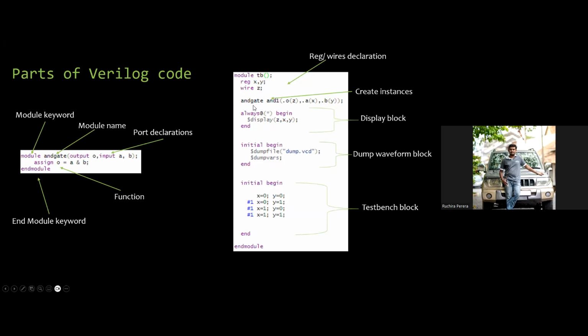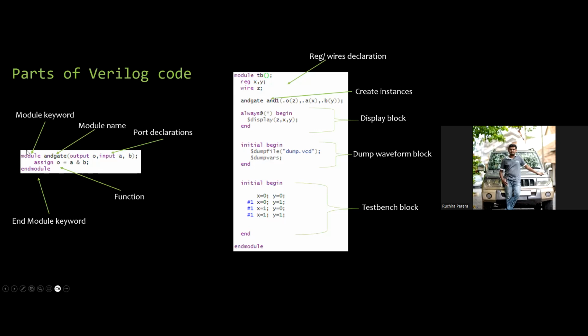Basically it creates one instance of the AND gate that we just created. This is just the template that we are going to use, and here we create instances by using that template. That means if you need, let's say, 6 AND gates in your design, then you don't need to declare this module again 6 times.